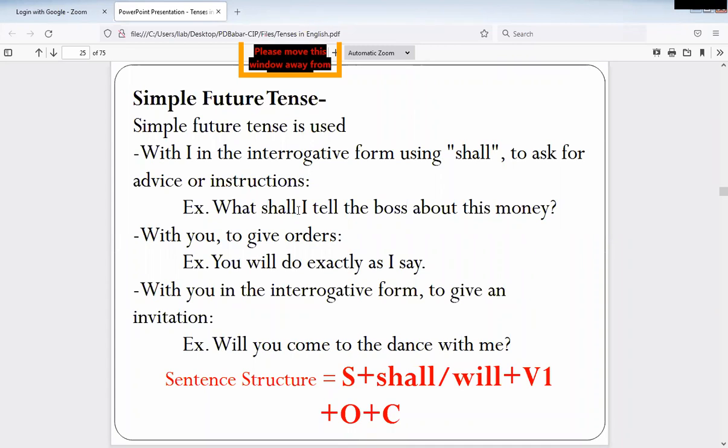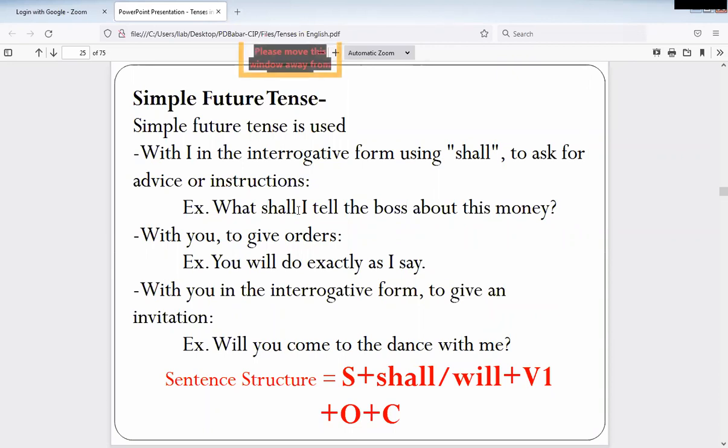Then another condition is with you to give orders. So for giving orders, we use it with you.